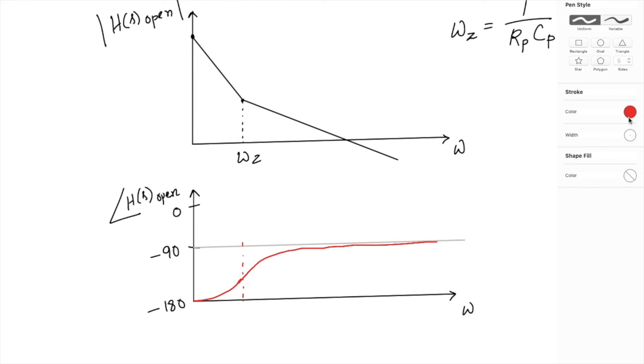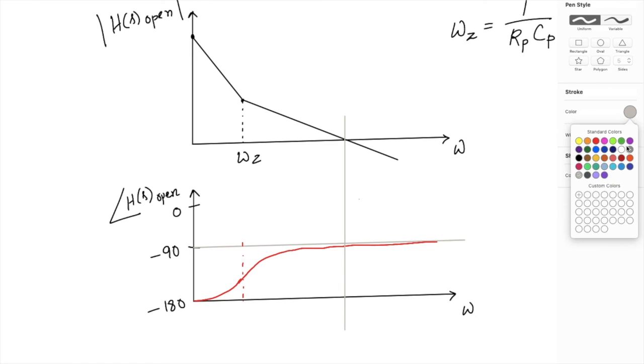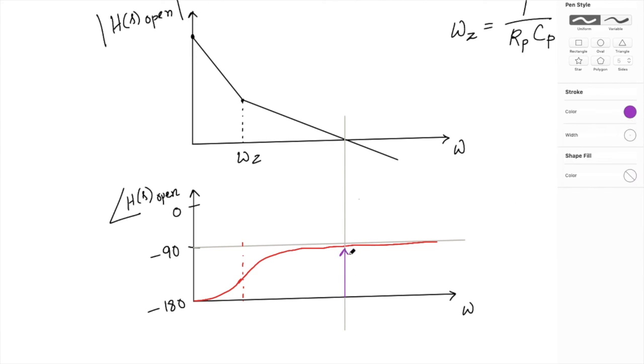So this is the phase plot, and if we look at the phase margin here, this is the phase margin. So we can get a very good phase margin here at the unity gain frequency.